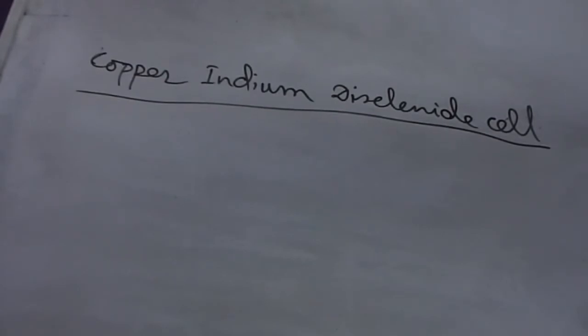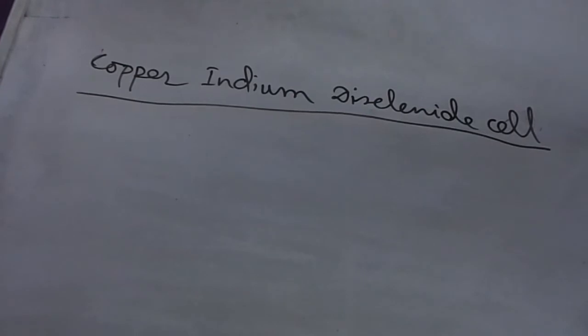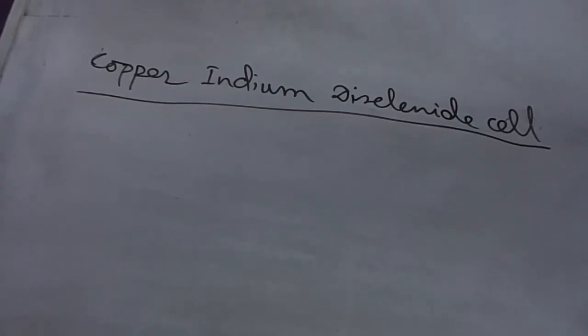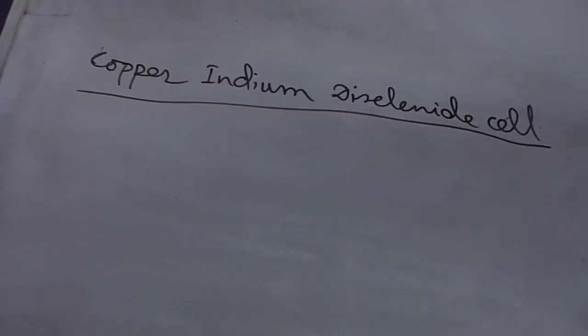CIS has a direct band gap of 1.0 eV. Incorporation of Ga into the CIS mixture increases the band gap beyond 1.1 eV. A heterojunction with N-type CdS and P-type CIS is fabricated using thin film technology.